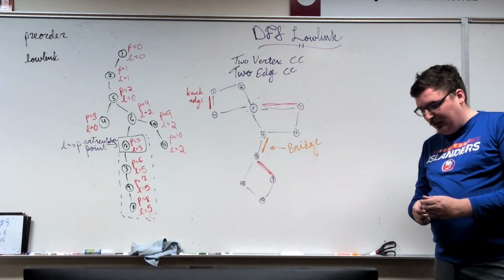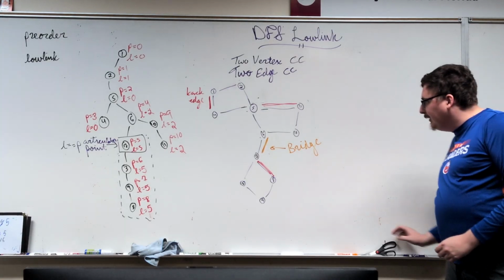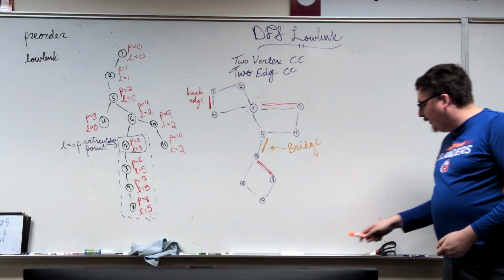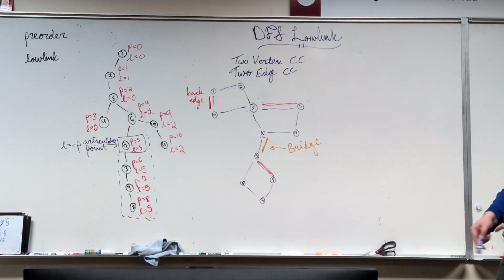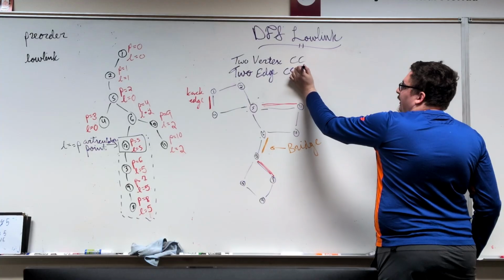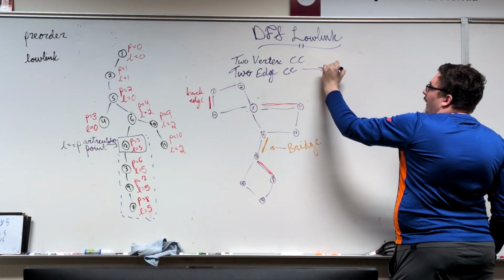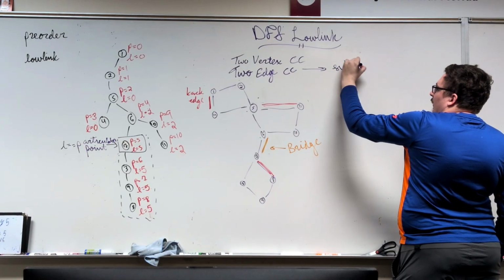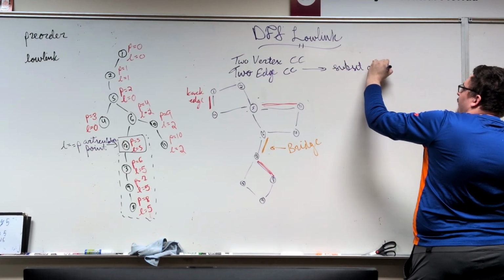And one thing I should have specified earlier, and this is where I had messed up earlier, is that when we work with 2 edge connected components and 2 vertex connected components, we view them slightly differently. We consider a 2 edge connected component to be a subset of nodes.